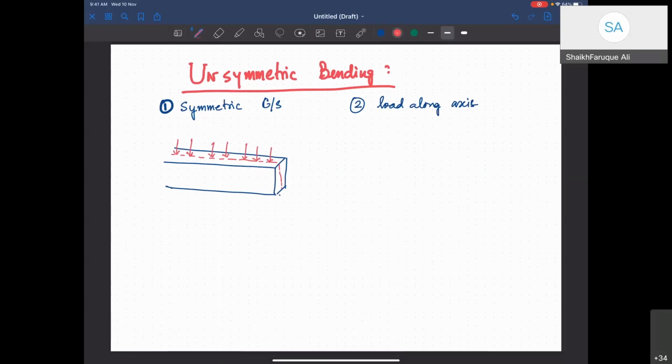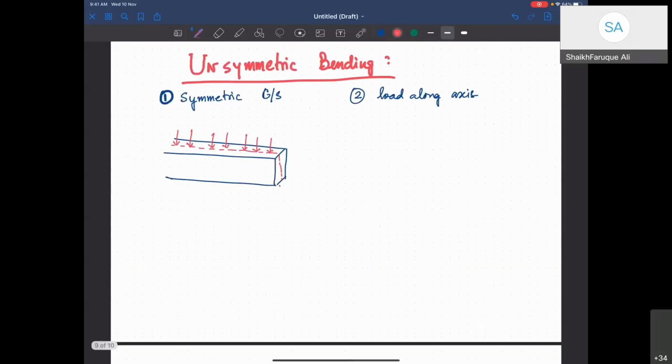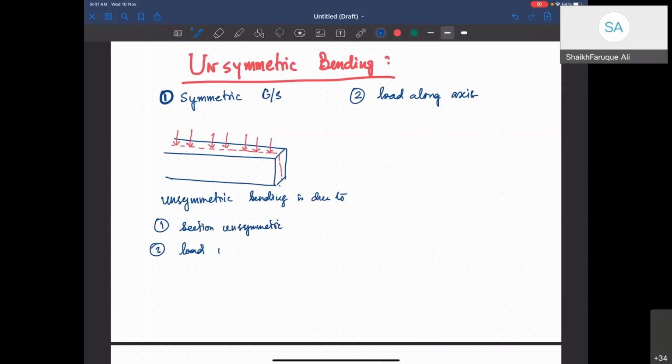Now, unsymmetric bending can be because of these two reasons itself. Unsymmetric bending is due to one, section unsymmetric, and two, load inclined.